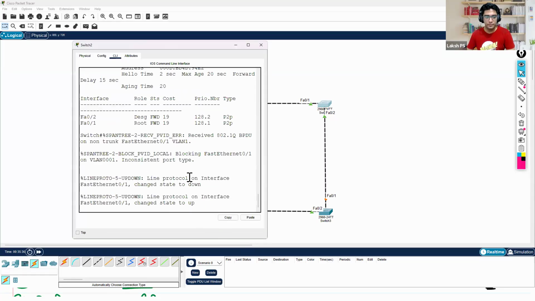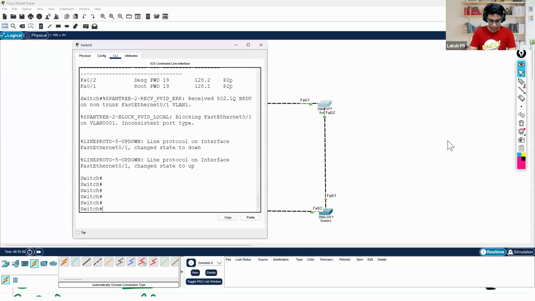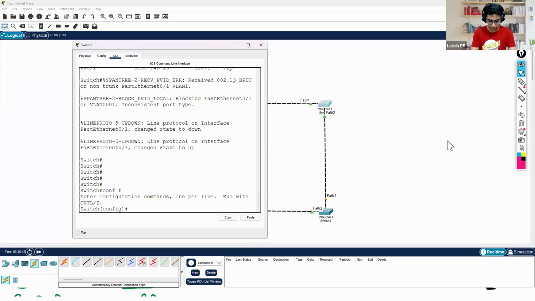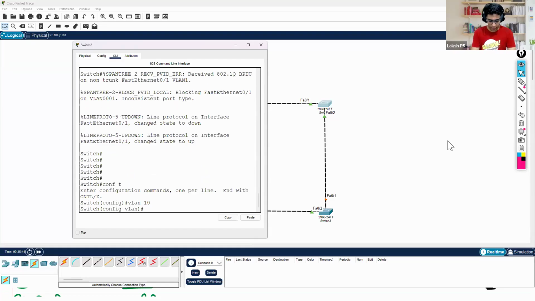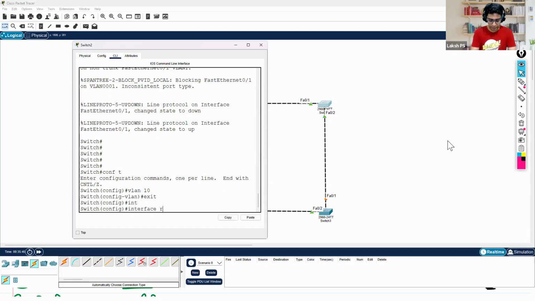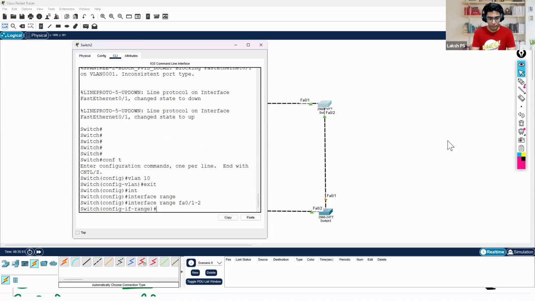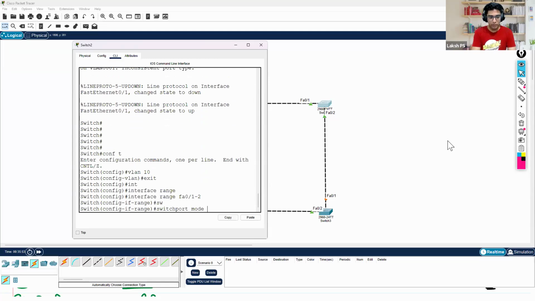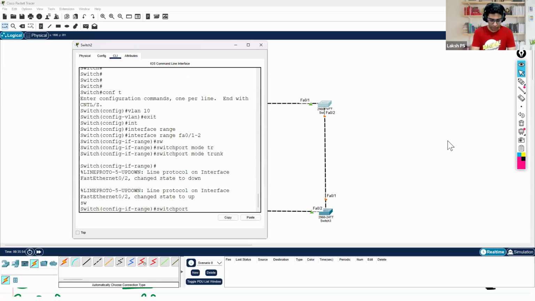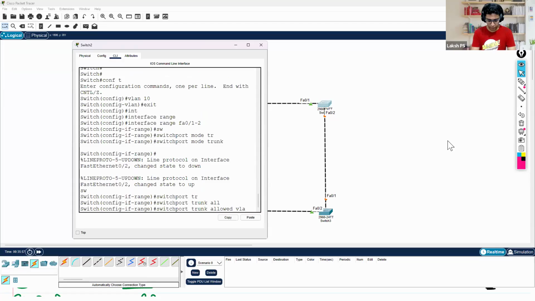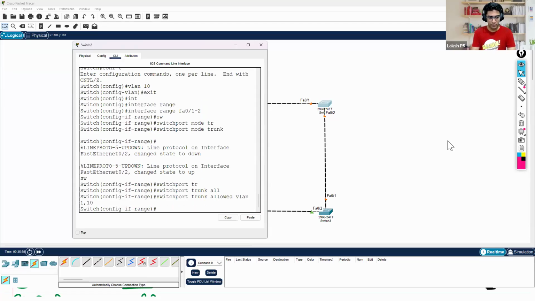So switch number 2, I'll introduce a new VLAN: configuration terminal, VLAN number 10. Then exit, interface range fast Ethernet 0/1-2, switchport mode trunk, switchport trunk allowed VLAN 1,10.